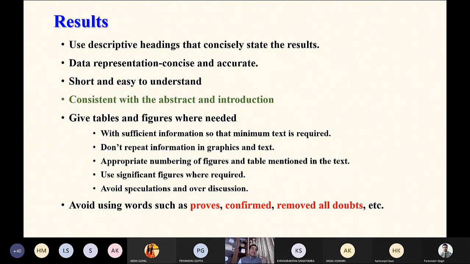And as far as the interpretation part is concerned, that again would be a part of the results.